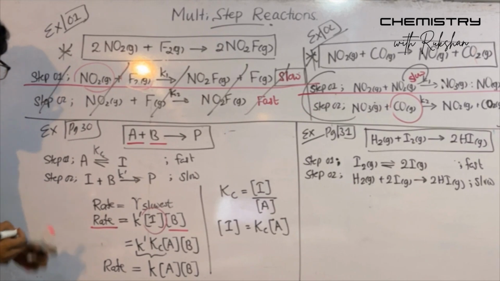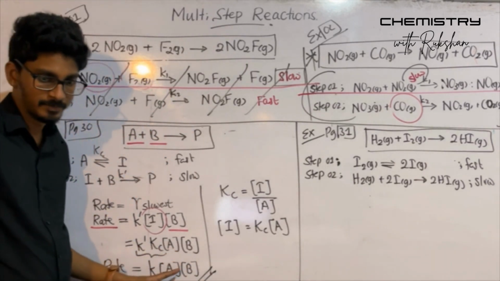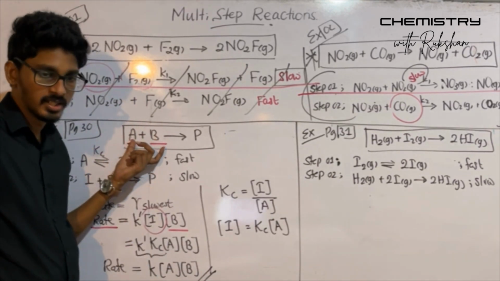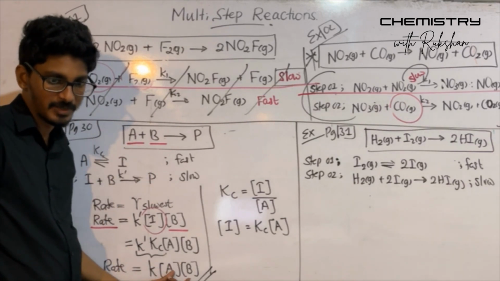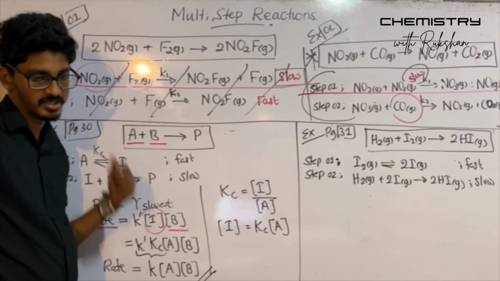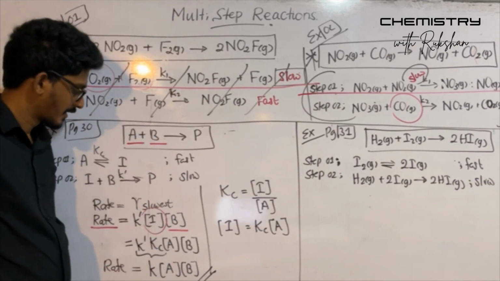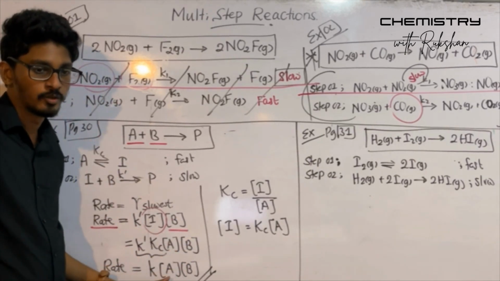Now you clearly see there is no term which is not appearing in the overall reaction. All the terms appearing in the rate law now are reactants of the overall reaction. So this is acceptable as the rate law for the overall reaction.